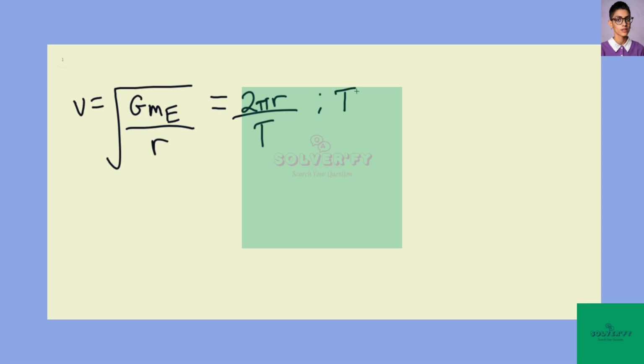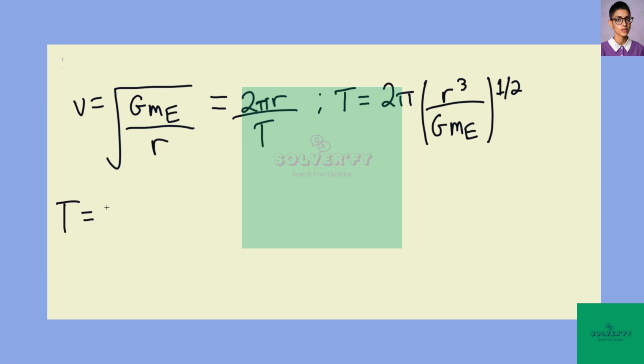So we can say that the period of a near Earth orbit would be equal to 2 pi times r cubed divided by the gravitational constant times the mass of the Earth, quantity to the 1/2 power. And at this point, we can solve. So t will be equal to 2 pi, and then we can say square root.